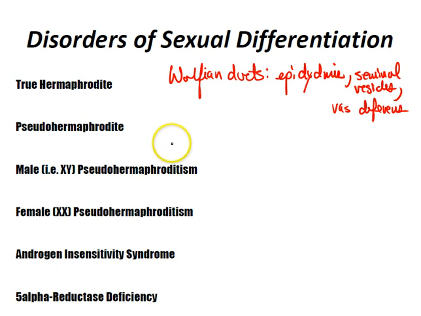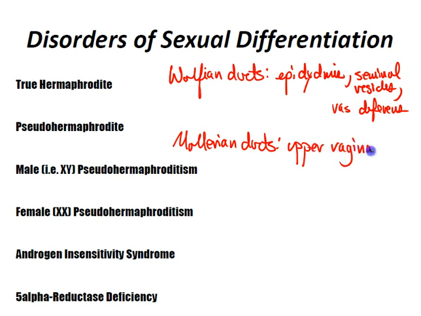Now, the Mullerian ducts, or the paramesonephric ducts, become the upper vagina, the cervix, the uterus, and the fallopian tubes.